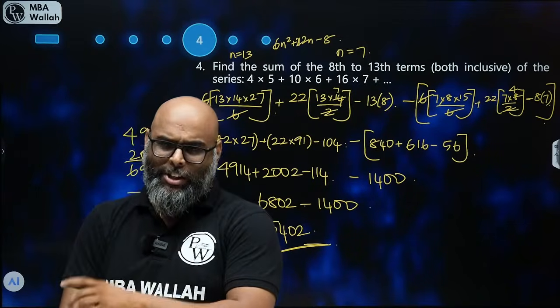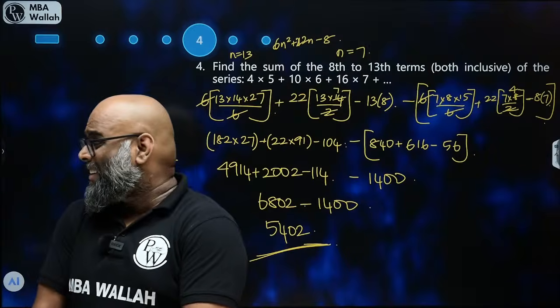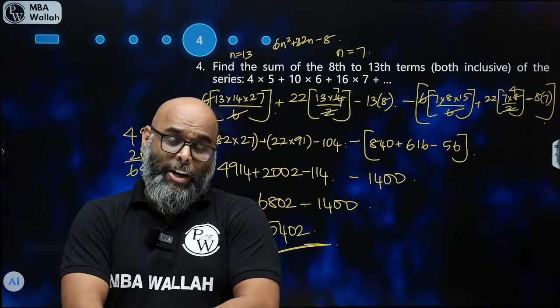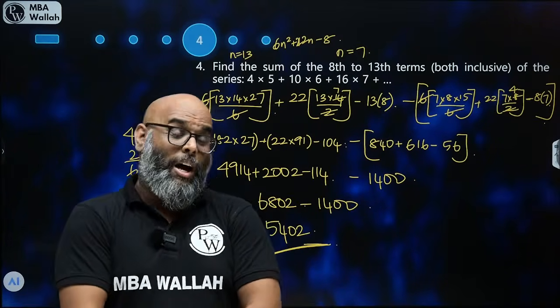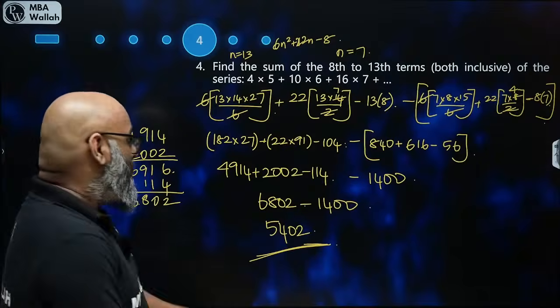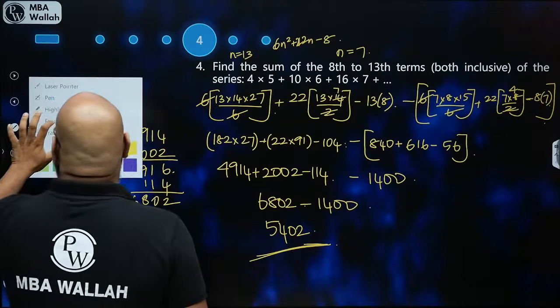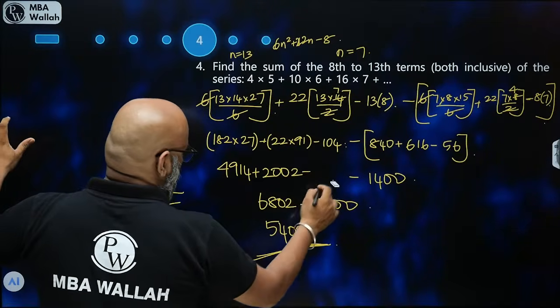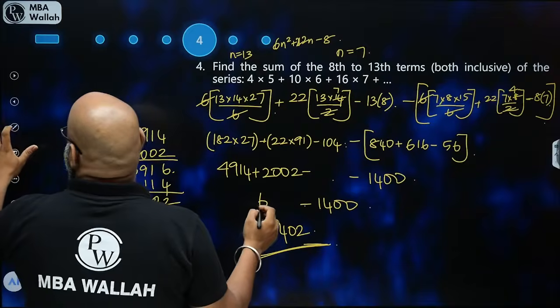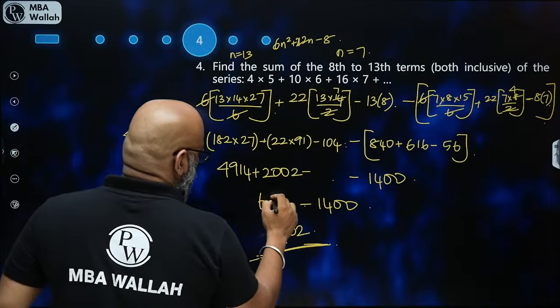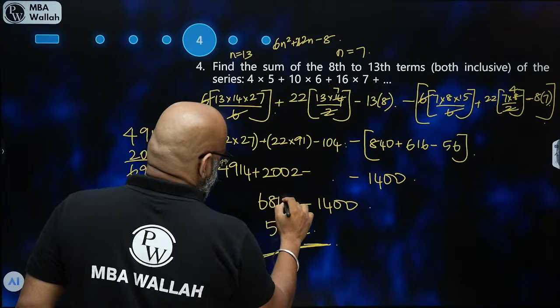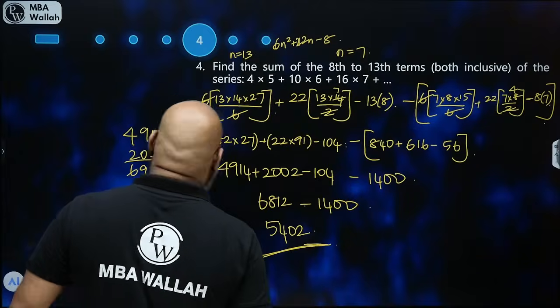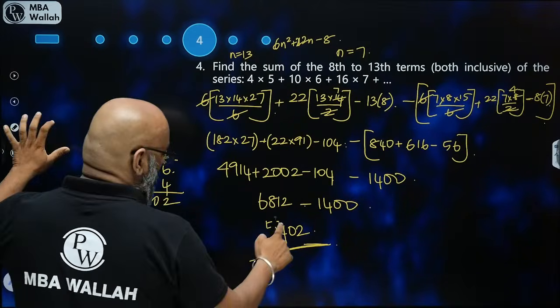I was looking into the chart in the meanwhile. 13 into 8. 10 into 8 is 80 plus 24 is 104, not 114. So all you have to do is slightly offset everything. Everything increases by 12 basically, 10, that's all. So it's 8, 1, 2, this is 104. So the answer is 5412.